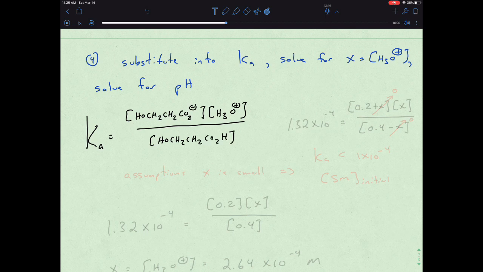So that Ka of 1.32 times 10 to the negative fourth is equal to 0.2 plus X times X in the numerator over 0.4 minus X in the denominator. We would then undergo assumptions.